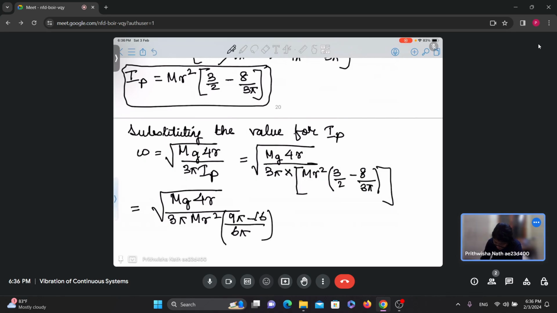So pi gets cancelled, 3 gets cancelled with 6. So the final expression becomes, and I can cancel m and r. So the final expression becomes 8g divided by 9 pi minus 16 divided by r. So this is the final expression for omega.